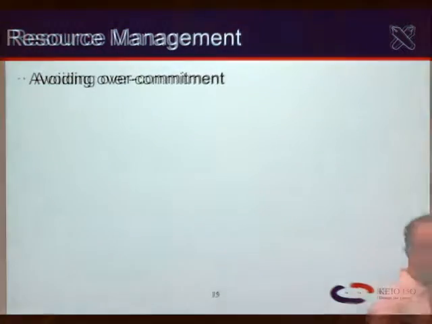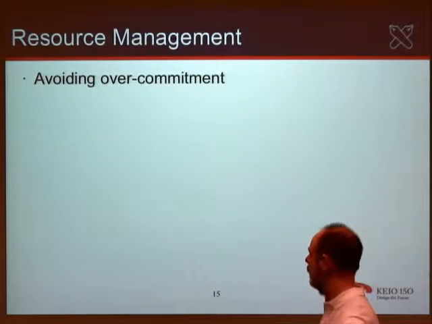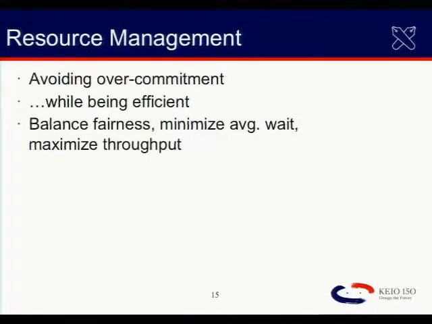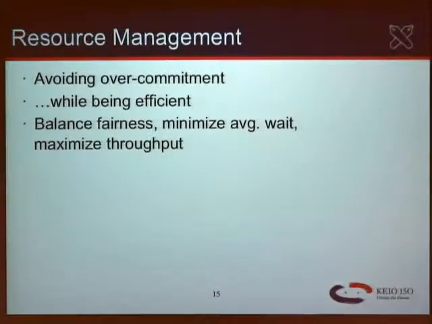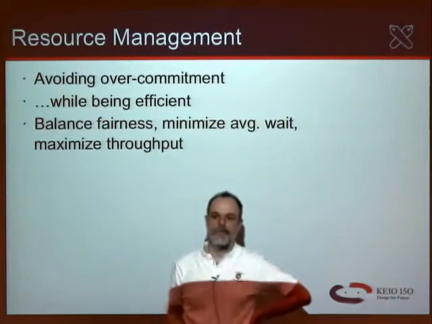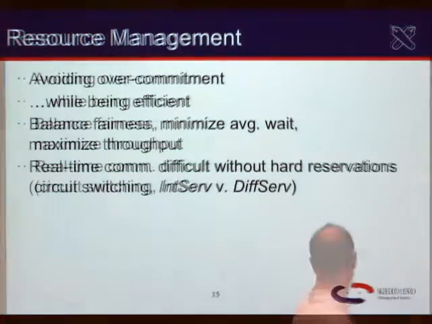Resource management, avoiding overcommitment of your resources, something we all want to achieve in classical networks. It's going to be different in quantum networks in some ways, but we want to do that while making sure that the overall network is in fact efficient. We need to balance the fairness while minimizing the average weight and maximizing the throughput of the system, right, for competing requests in a network.